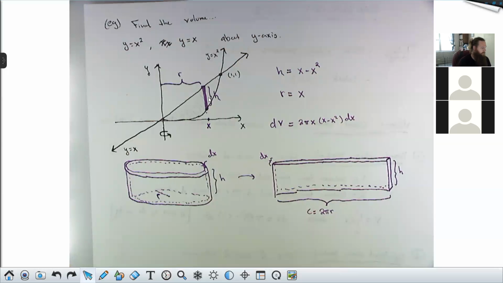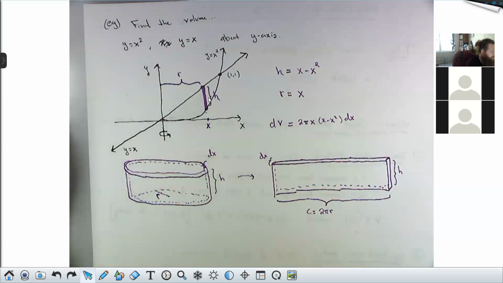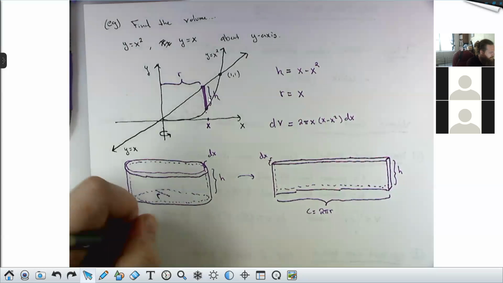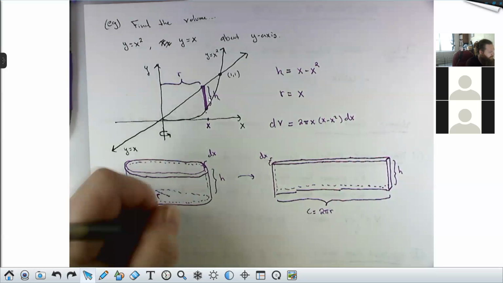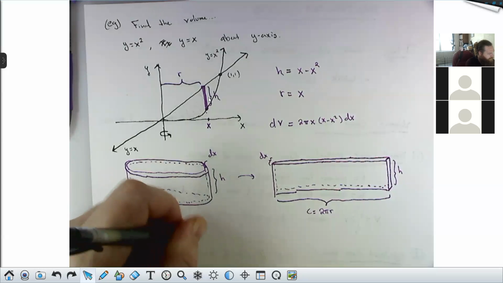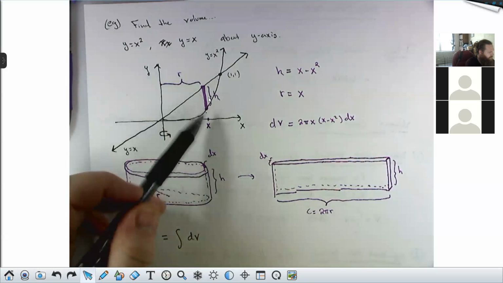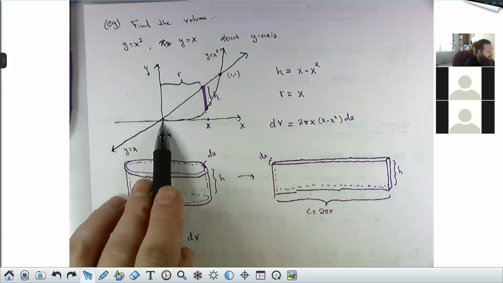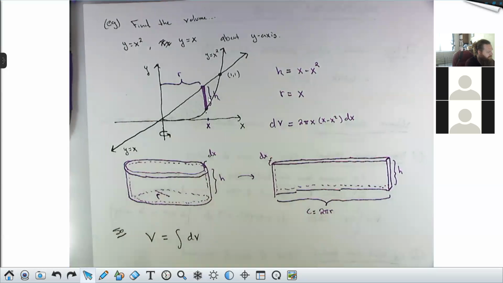And then to finish things up, my volume is the integral of dV. Everything here is being done with respect to x, because my strip is oriented like this. I'm going to integrate from the smallest x value in my region up to the largest x value in my region.